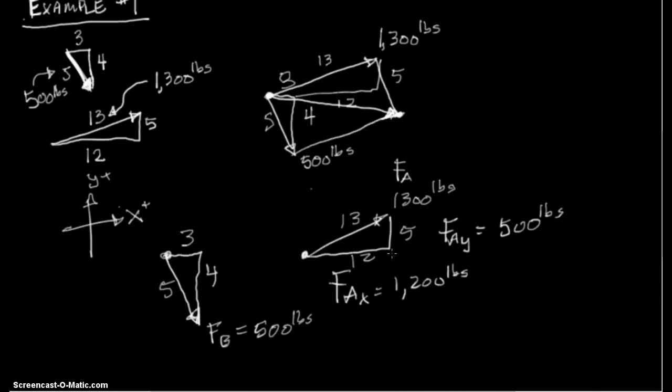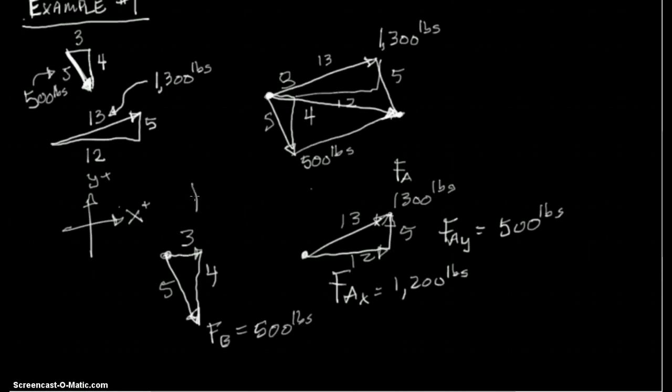That's going positive x, this is going positive y. So you have to go positive x 1,200 pounds, and then positive 500 pounds to get there. Same thought for the other: since 5 equals 500 pounds, 3 equals 300 pounds, 4 equals 400 pounds.